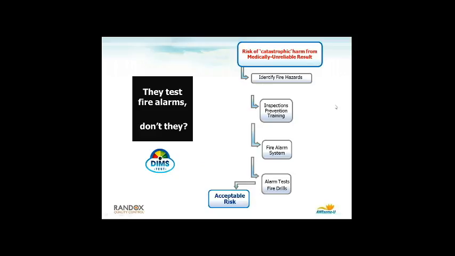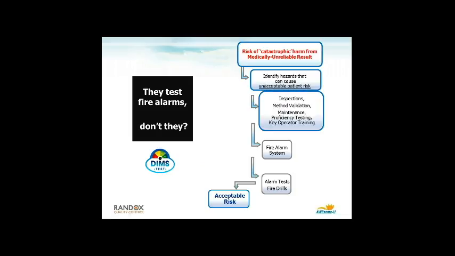There is a risk of catastrophic harm from medically unreliable results. You identify the hazards that can cause unacceptable patient risk. You carry out inspections, you do method validation, you do routine maintenance, you do proficiency testing, you send your key operators out for training, you do everything in the world you can to prevent that risk.